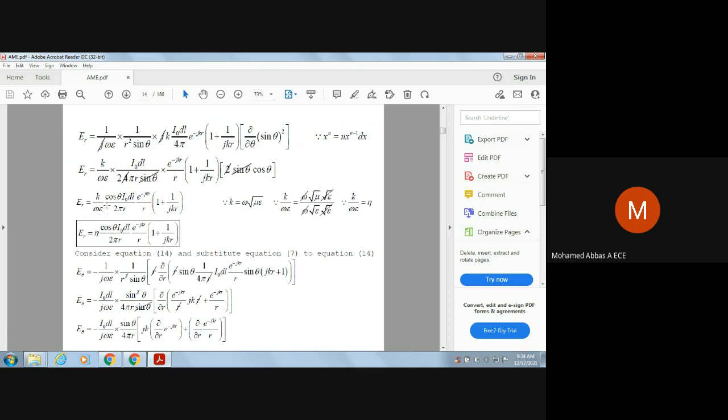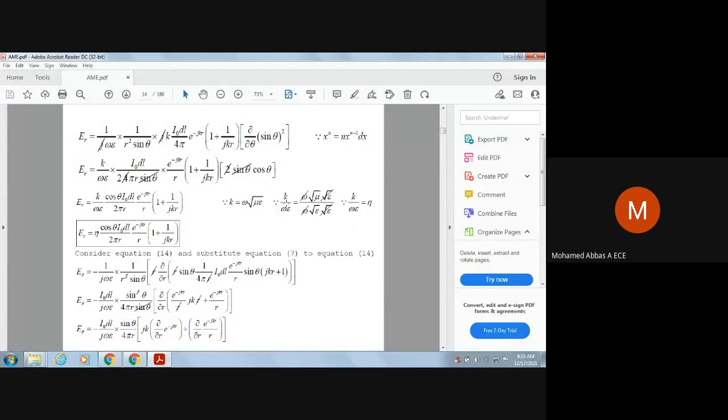Er is equal to k by omega epsilon cos theta I0 dl by 2 pi r e power minus jkr by r into 1 plus 1 by jkr. Now you know k is equal to omega into root of mu epsilon. So in this equation we have the term k by omega epsilon, and modifying it, it reduces to root of mu by epsilon, which is eta.